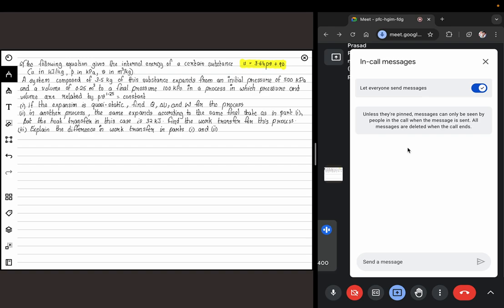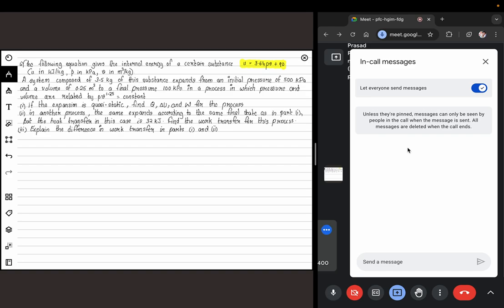A system is composed of 3.5 kilograms of this substance, and it expands from an initial pressure of 500 kilopascal and a volume of 0.25 cubic meter to a final pressure of 100 kilopascal in a process in which pressure and volume are related by PV to the power 1.25 is constant. So this is again your polytropic process where the index of expansion is 1.25.